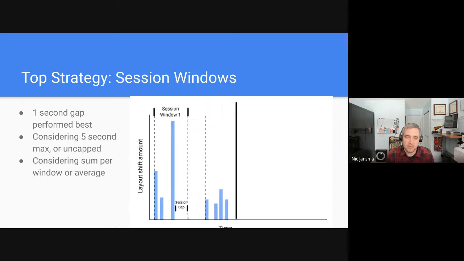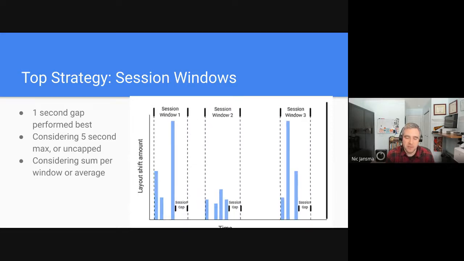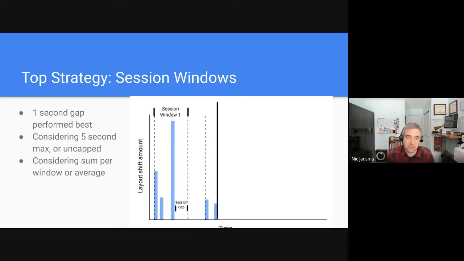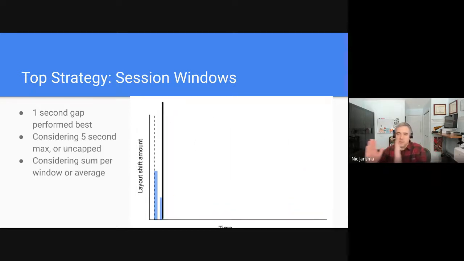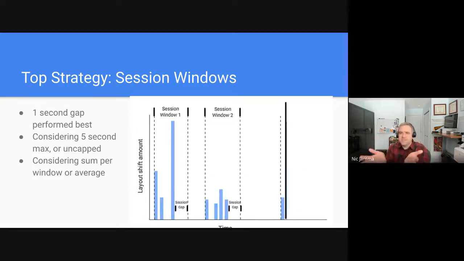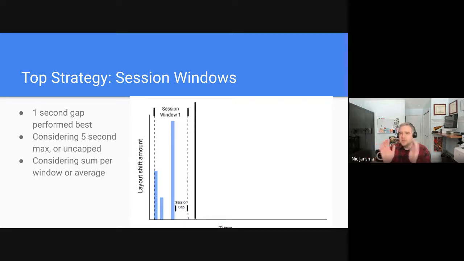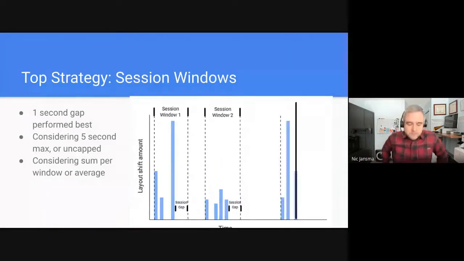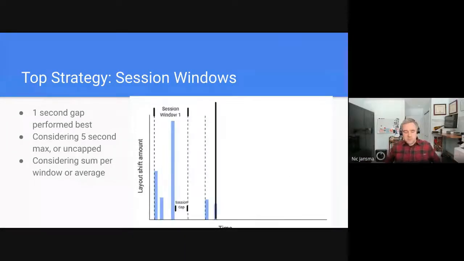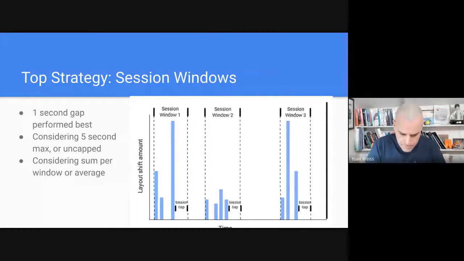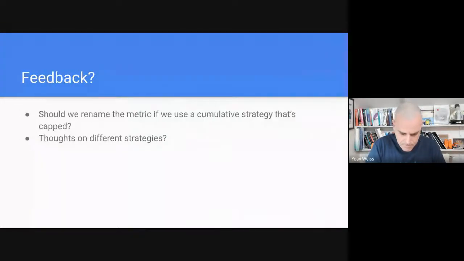And it'd be similar for the sliding window. You're just finding all of the layout shifts for each slide along the way, and you're finding the worst 1 second experience or whatever it is. Exactly. Okay, and that's fairly easy to reason about.